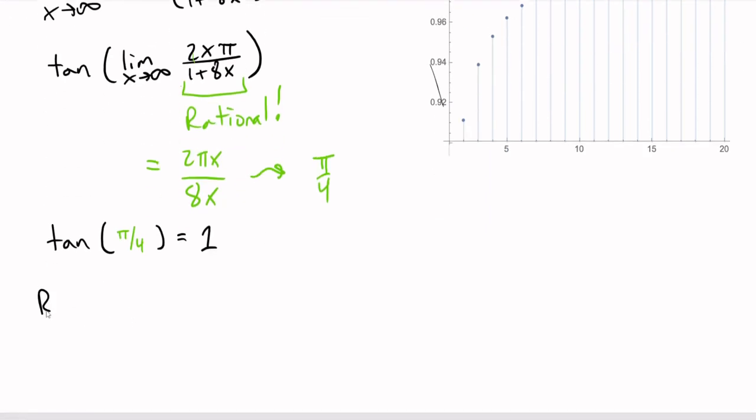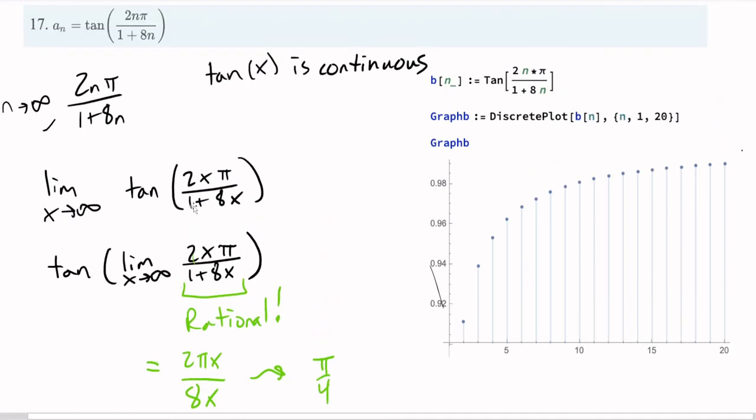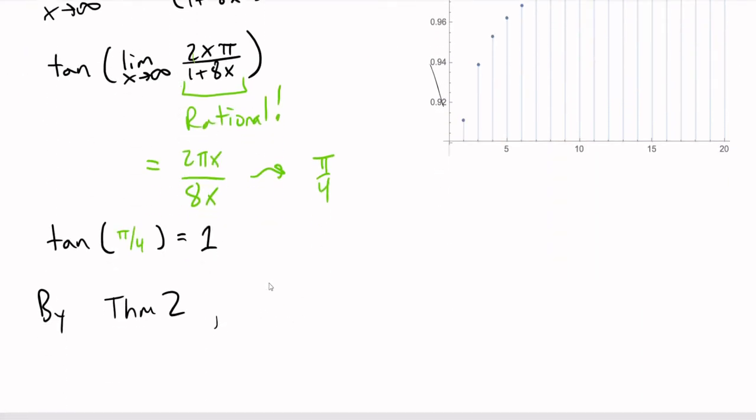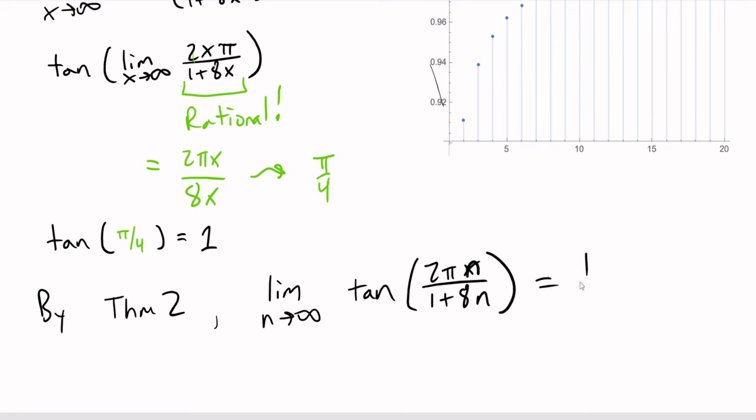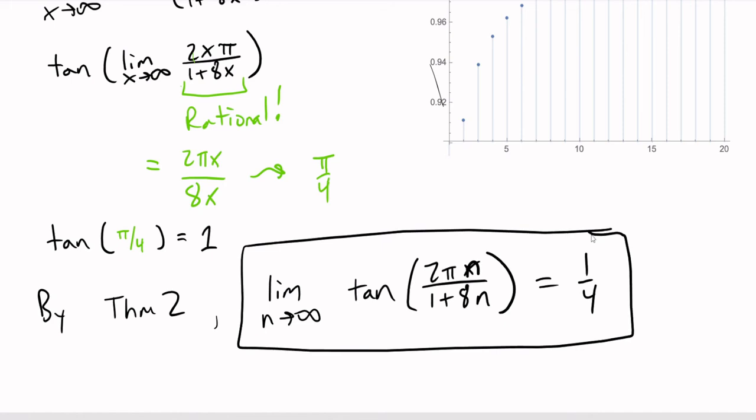So again, by theorem 2, because this calc function's limit is 1, our original limit has to be 1 as well, with n's. So we convert to a function of x's so we can use our calculus tools.